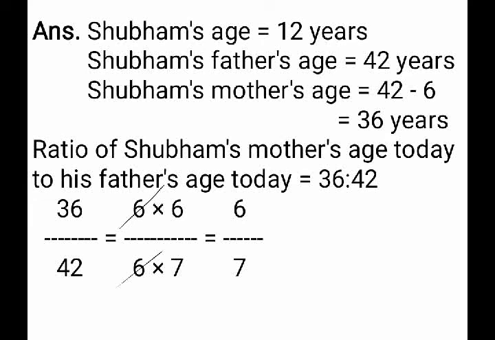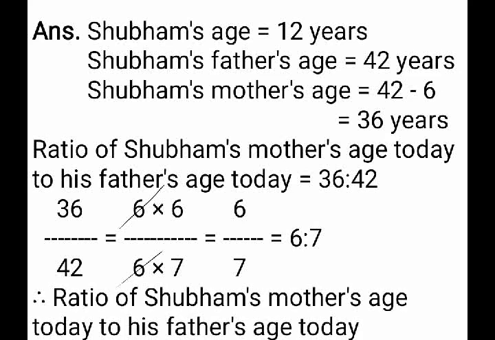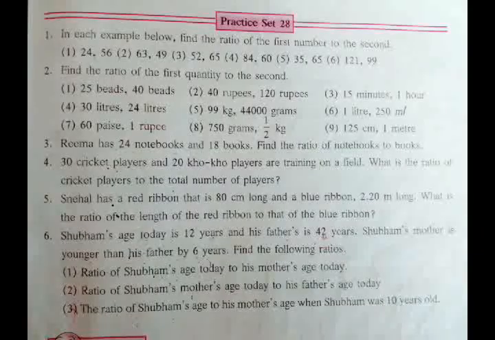The ratio form of 6 upon 7 is 6:7. Then the final statement you have to write: therefore, the ratio of Shubham's mother's age today to his father's age today is equal to 6:7. Let's find the third ratio.